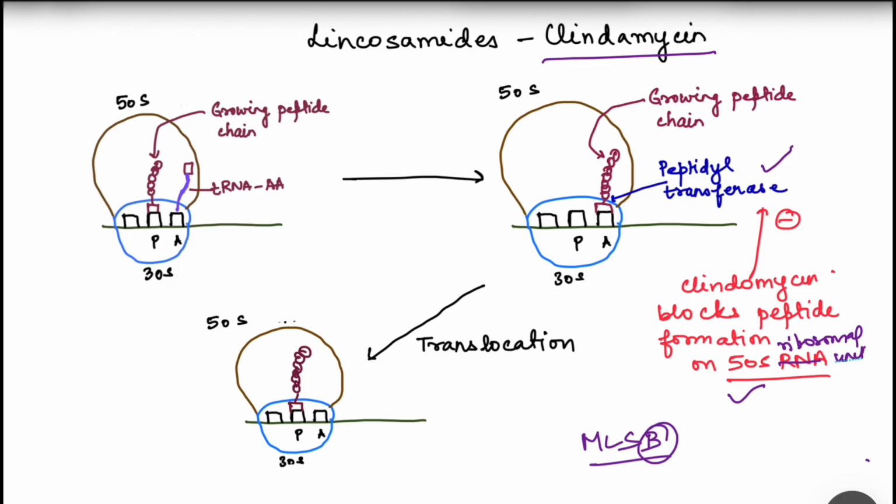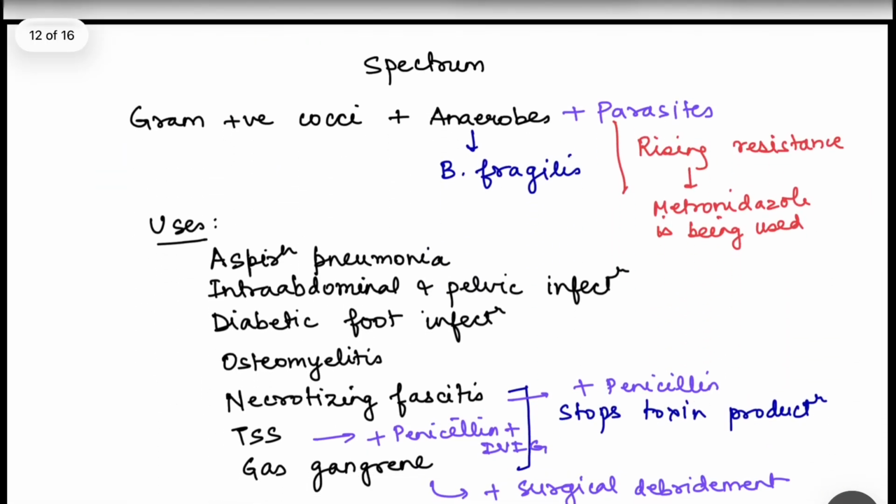This peptidyl transferase is responsible for forming the bond between the growing peptide chain and the new amino acid which has come and bound to the A site along with the tRNA. So if this peptidyl transferase enzyme is blocked, then there will be no peptide bond formation and the peptide chain will not grow any further. So this will block the protein synthesis, right? That is clindamycin's mechanism of action.